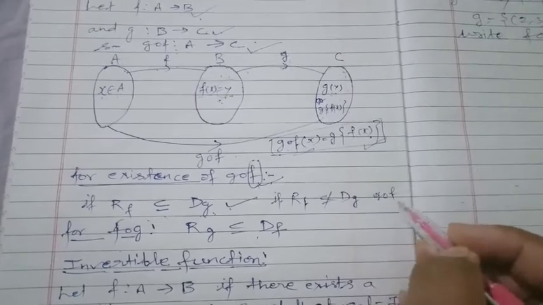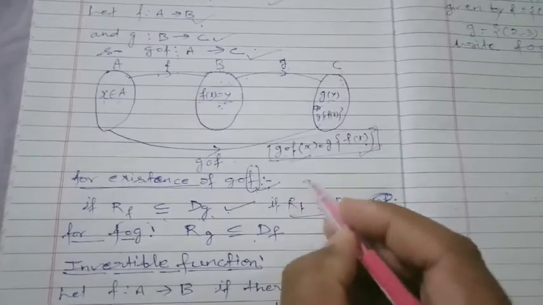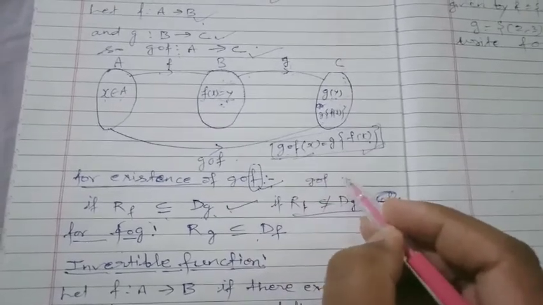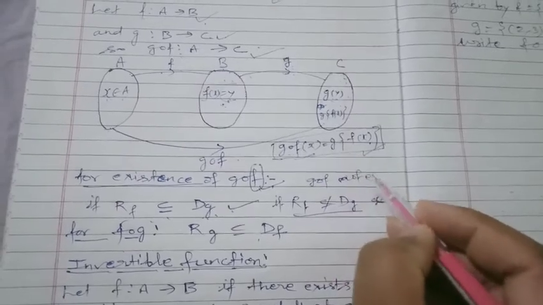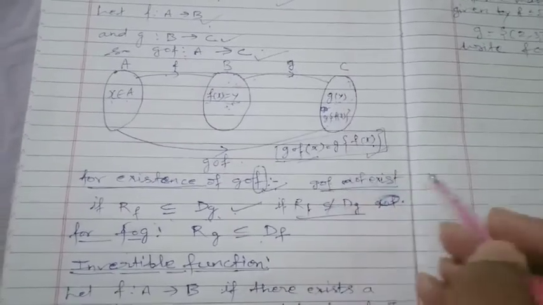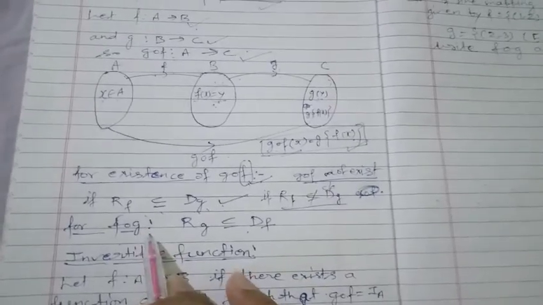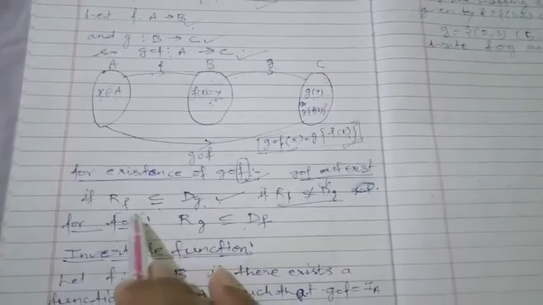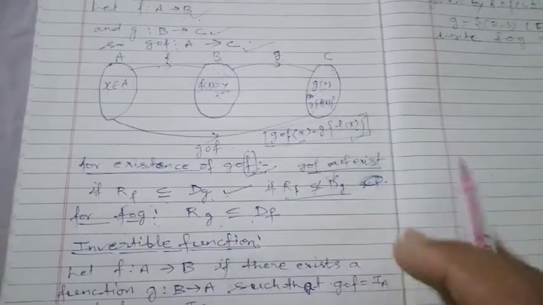Similarly, if range of g is a subset of domain of f, then fog will exist.